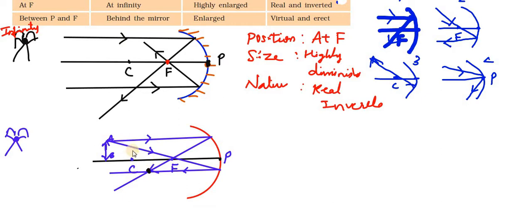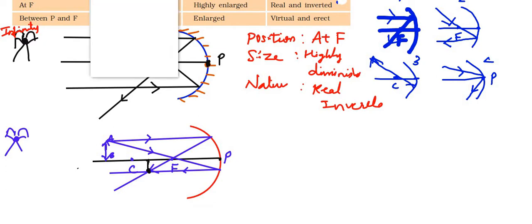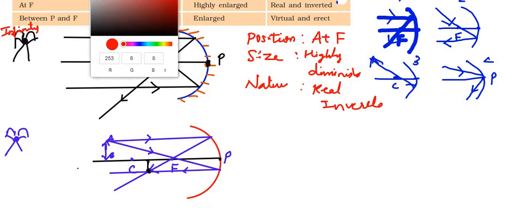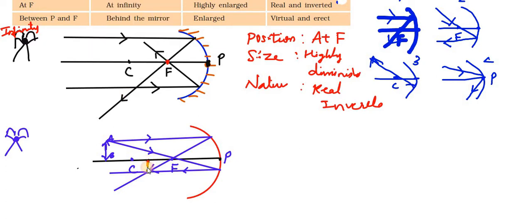Now see that when the image is formed above the principal axis, the image is erect, that is straight. When the image is below the principal axis line, the image is inverted. So now it is an inverted image.